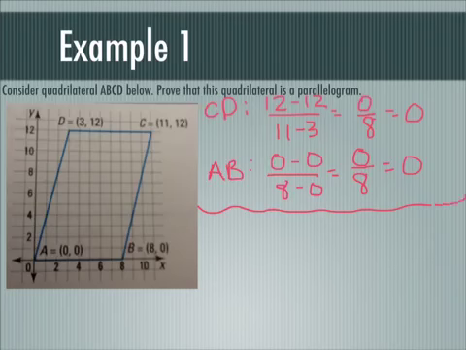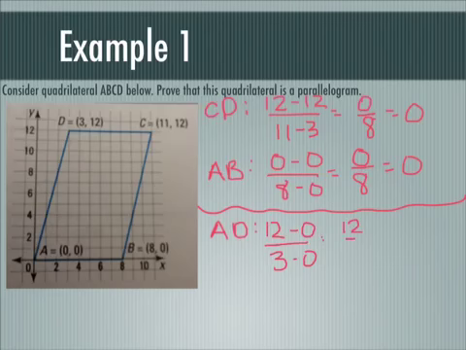So let's do from A to D. Okay, from A to D, this is my coordinate number 2, and this is my coordinate number 1. So I would do 12 minus 0 over 3 minus 0. So that's 12 over 3, which is 4.